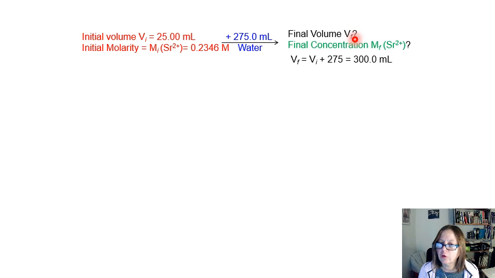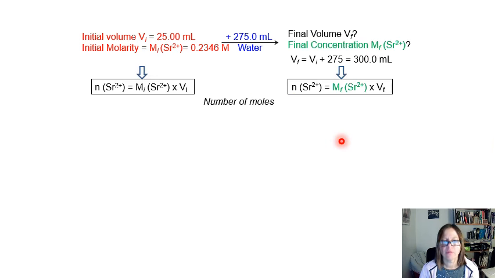The final volume is, of course, 25 plus 275, 300 milliliters. What we have to recognize is that the number of moles of strontium ions in the initial solution is the same as the number of moles of strontium ion in the final solution.